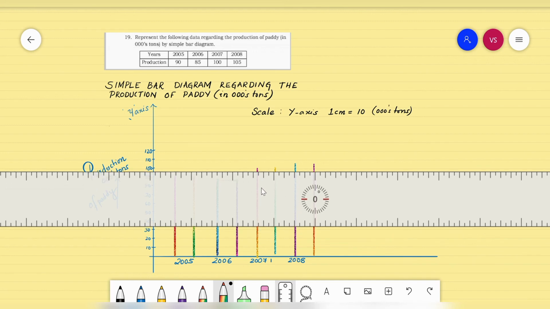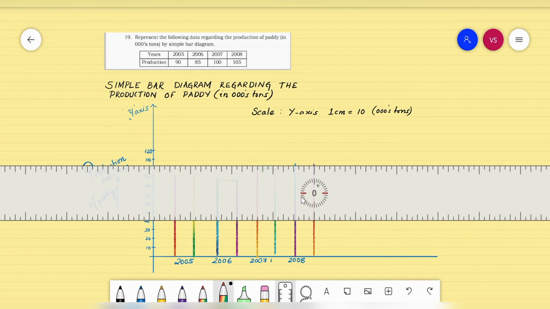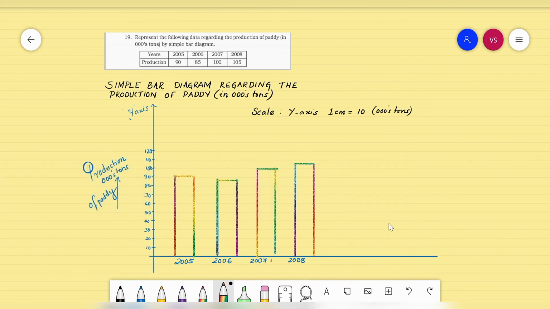Then here, then here. Okay, this is how you draw the bars, students. I hope it is seen to you.